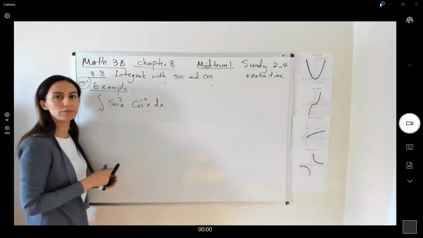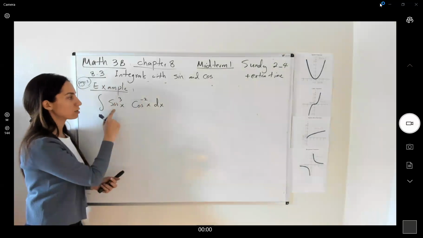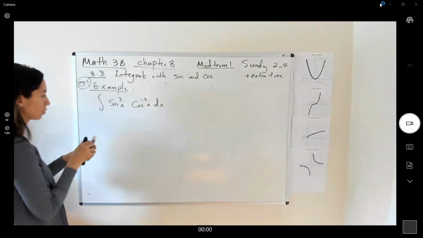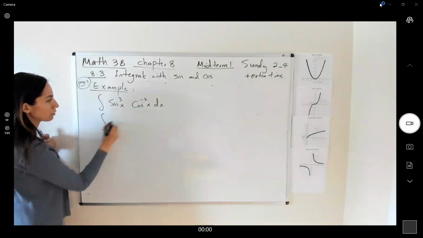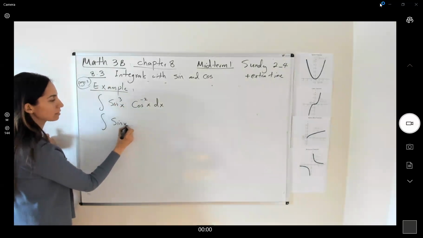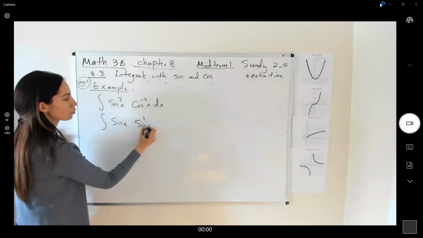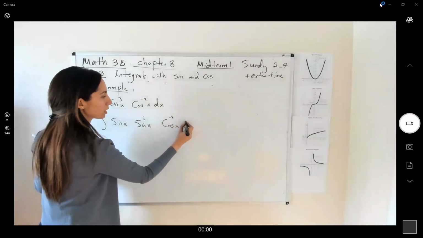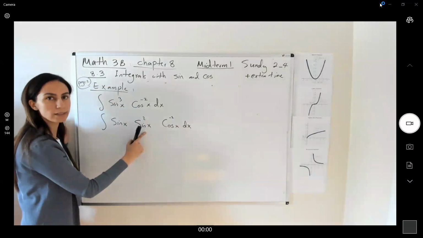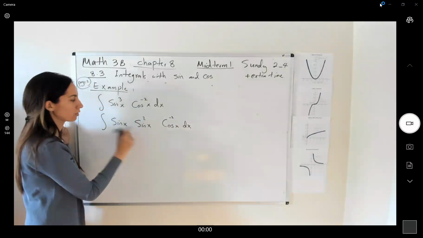How can I get rid of this negative exponent? Sine to the third is actually sine squared times sine. So you can write this as sine x times sine squared of x, and copy down your cosine to the negative exponent here.